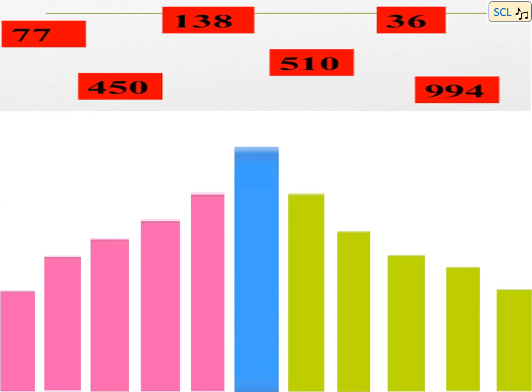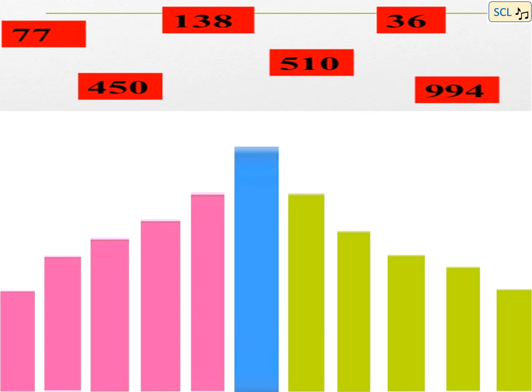Let us see an example of how to order numbers. If we are given these 6 numbers: 77, 450, 138, 510, 36 and 994, and we need to order them. Now we should remember the steps of ordering or comparing numbers.